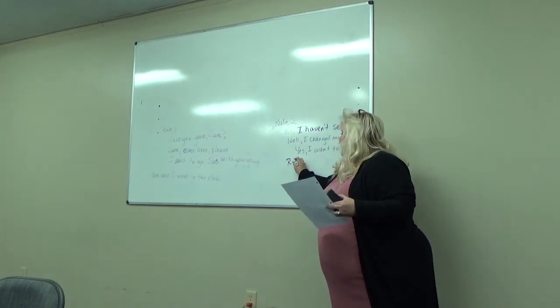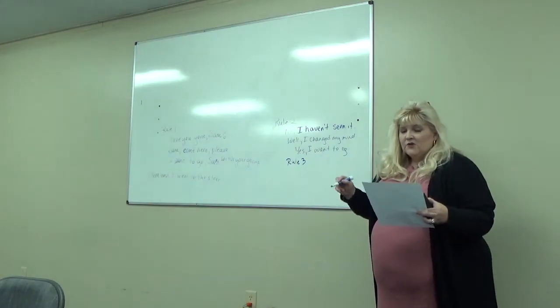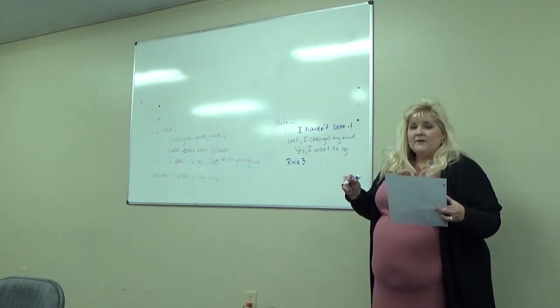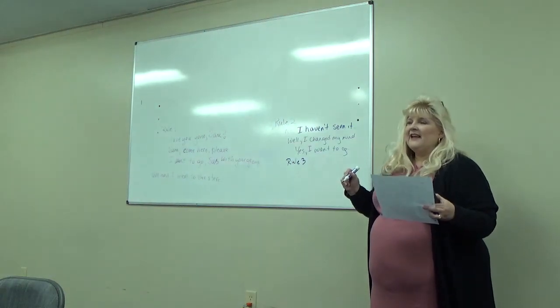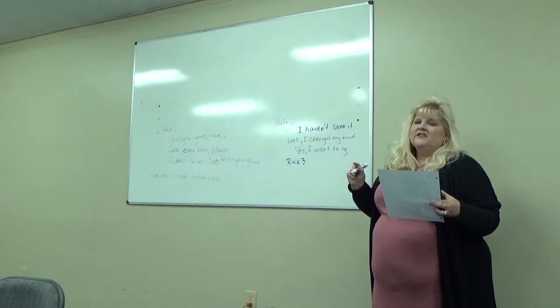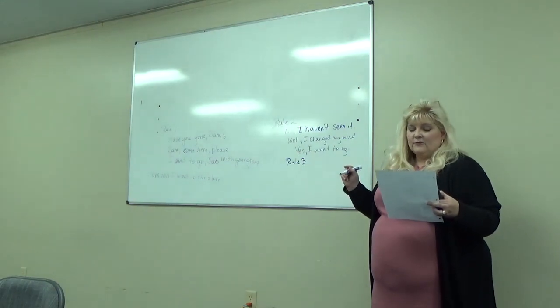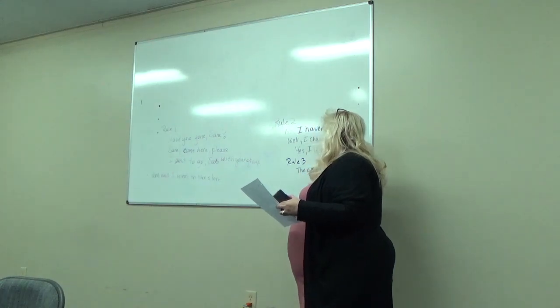Rule 3. Let's talk about rule 3. You use a comma to set off interrupters in a sentence. Have you ever been talking and you're like, the answer, I think, that I think is an interrupter. So you're going to have to use a comma.